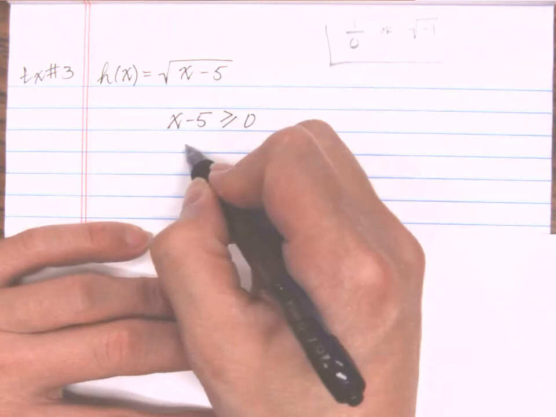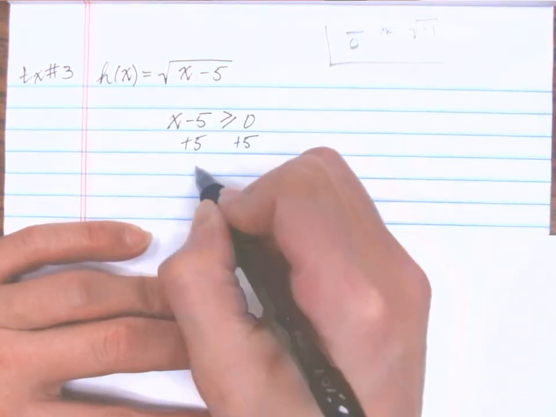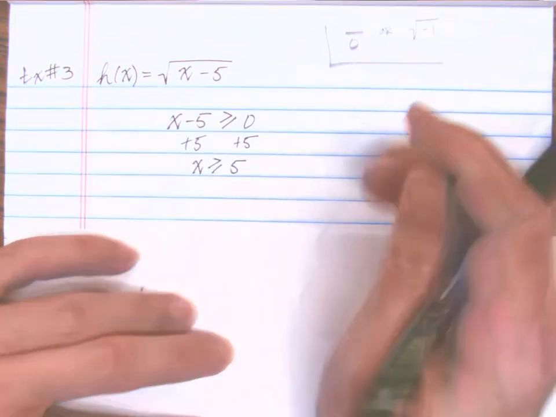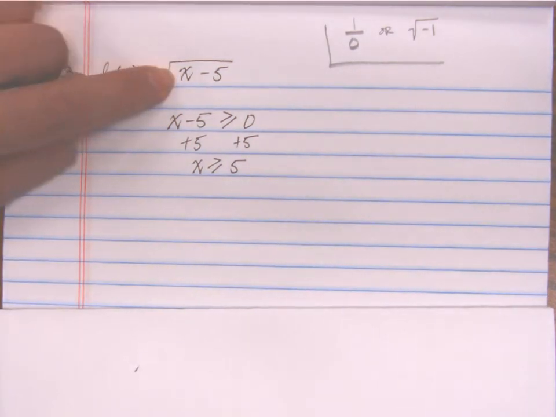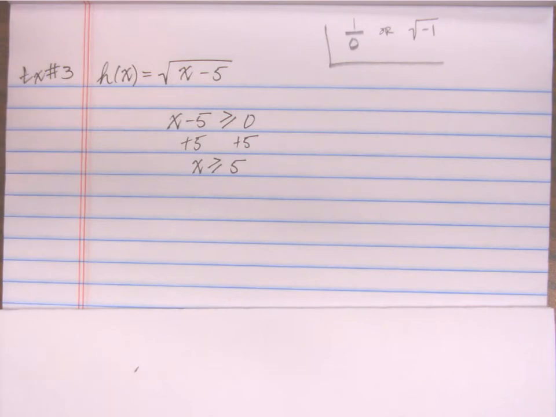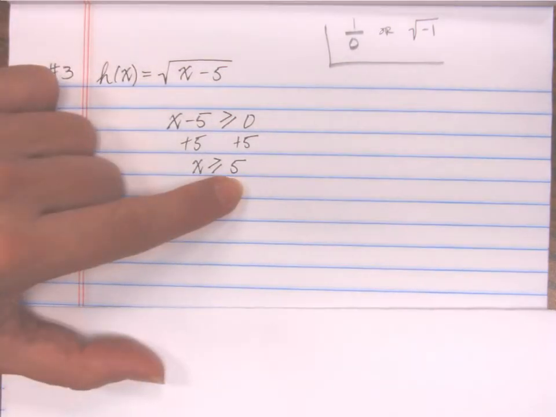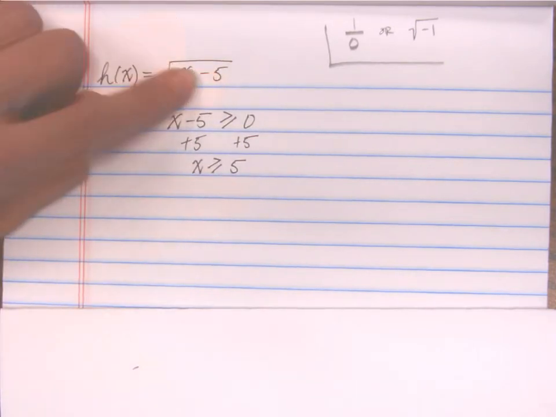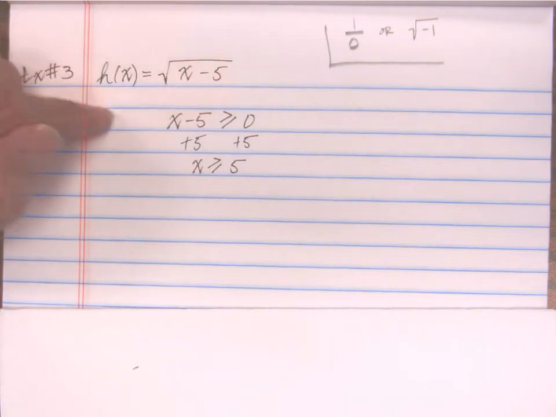And again, I'm going to solve this like I normally would. Adding 5 to both sides tells me x is greater than or equal to 5. If it was 5, I'd have 5 minus 5, so I'd have the square root of 0. Square root of 0 is just 0, so we're good there. If it was 6 that I plugged into my equation, I'd have 6 minus 5. That would be the square root of 1, which is just 1, so we're good.